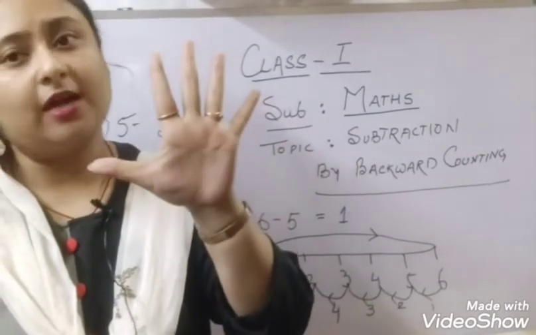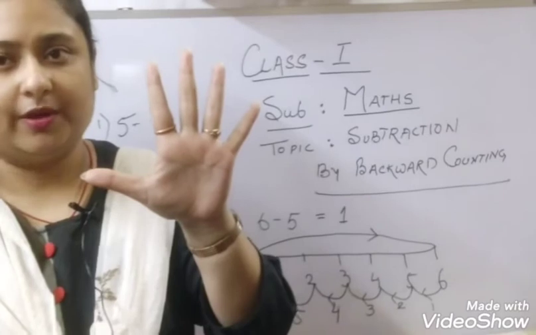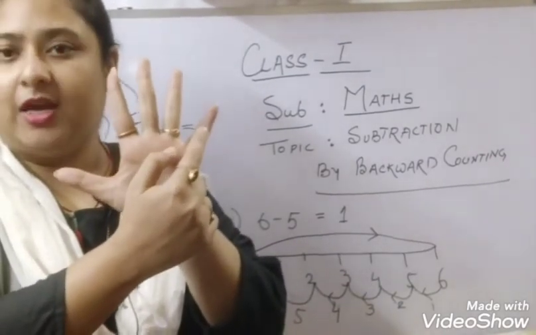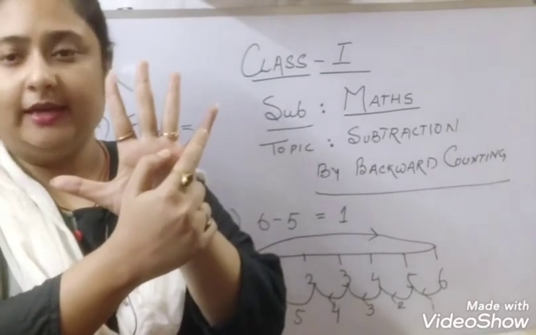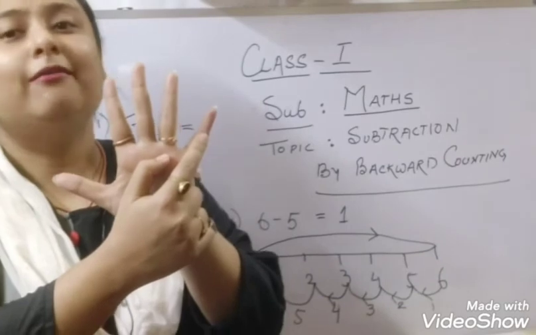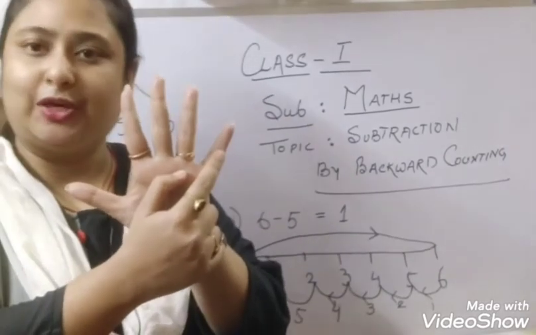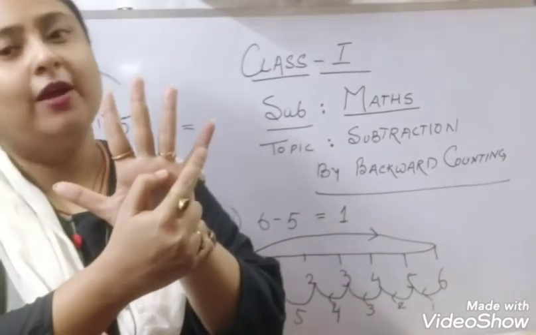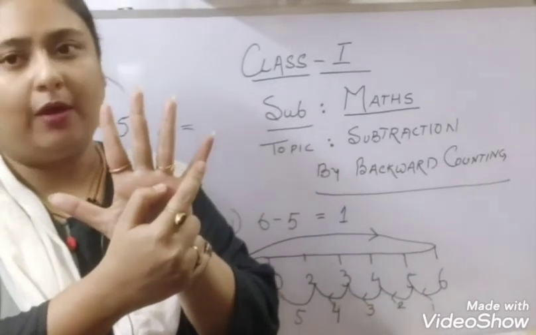So let's just count it from backwards. So it was our number 5. So we will be starting counting from backwards, that is from 5. So children, let's do a subtraction of number 3 backwards.